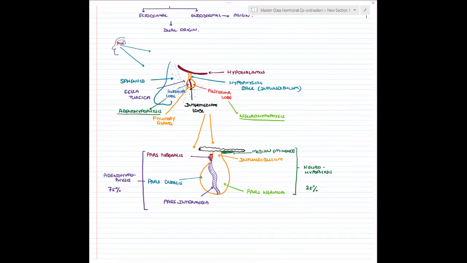Median eminence, that is the third part. Infundibulum, median eminence, and pars nervosa.